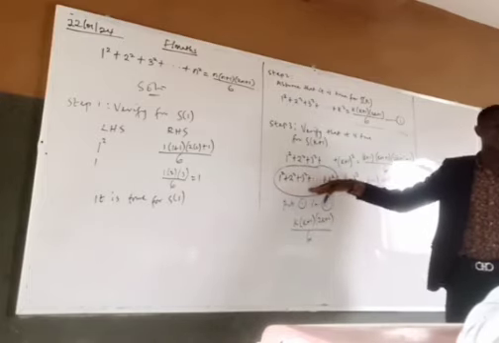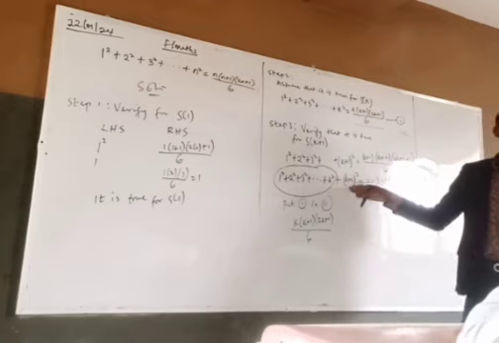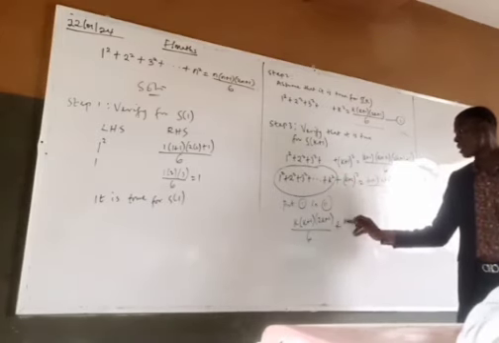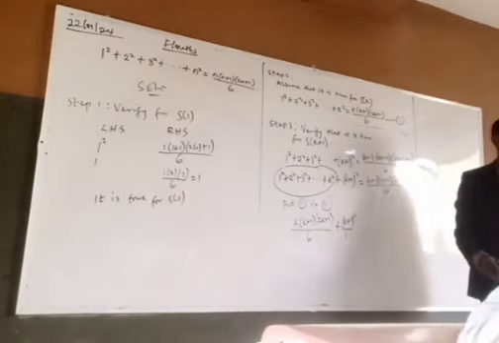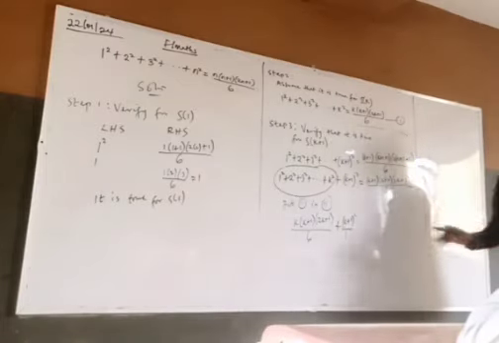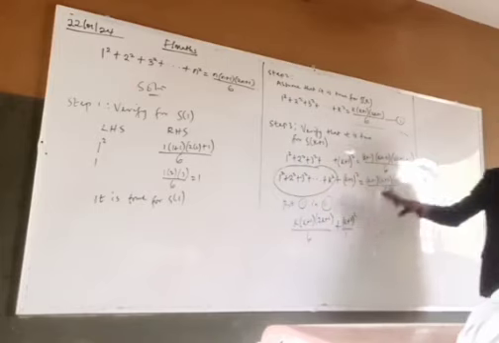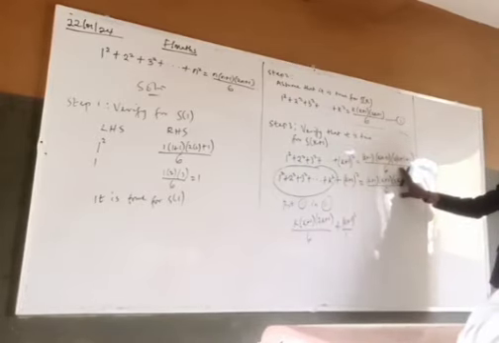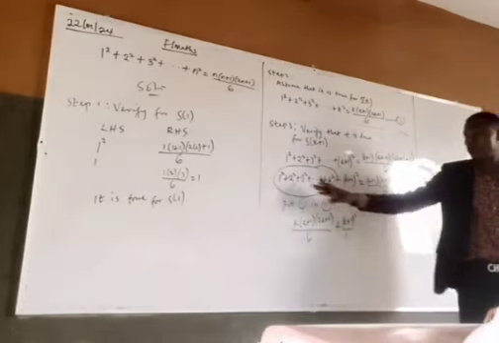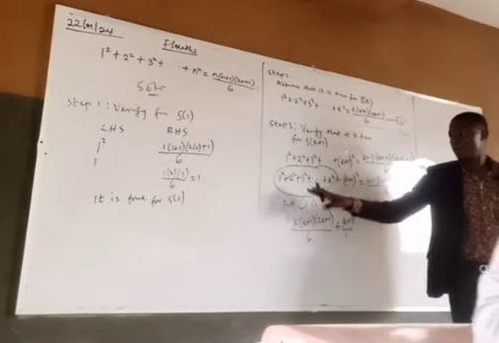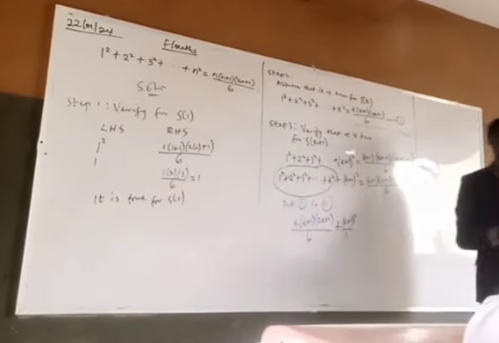I just replaced this, so I'm still going to write this. That will be plus k plus 1 squared over 1. My intention now is to simplify this to make it look like this. You can see that I don't have my dot dot dot again. I've replaced this dot dot dot.